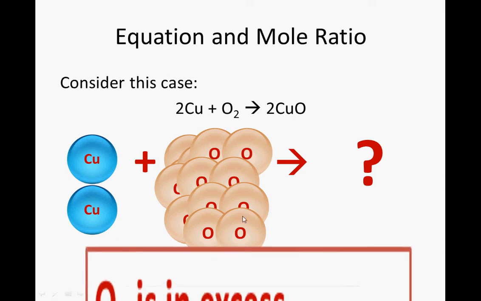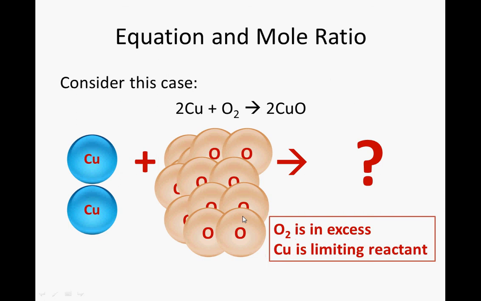Then it comes to the concept of excess and limiting reactant. In this case, as there is a lot of oxygen, too much oxygen, only part of it is reacted. So we say oxygen is in excess. How many products are formed should not depend on the amount of oxygen.